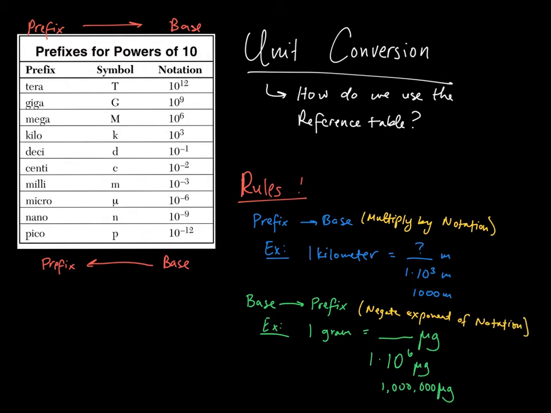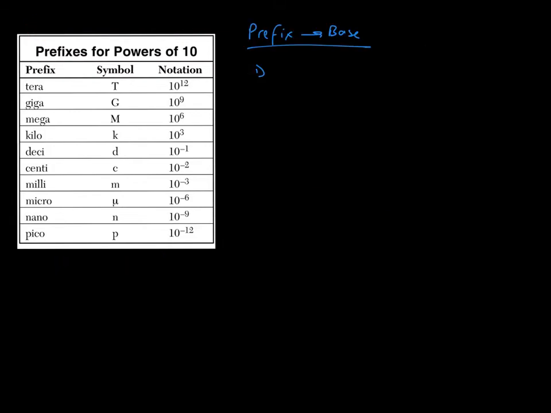Let's use another example. Okay, let's go from prefix to base. Let's say we have 75 mLs and we want to convert it to liters. Okay? 75 milliliters. Taking a look right here, we find milli.